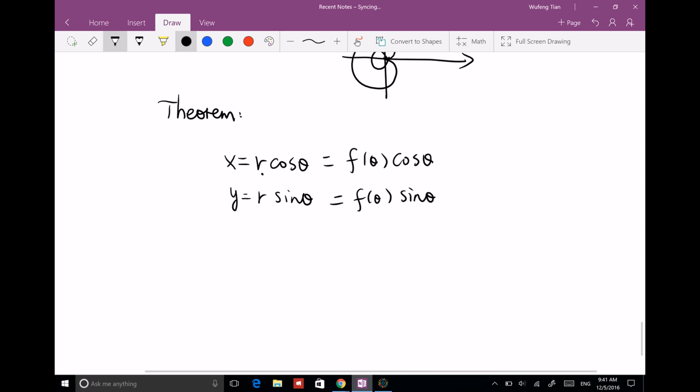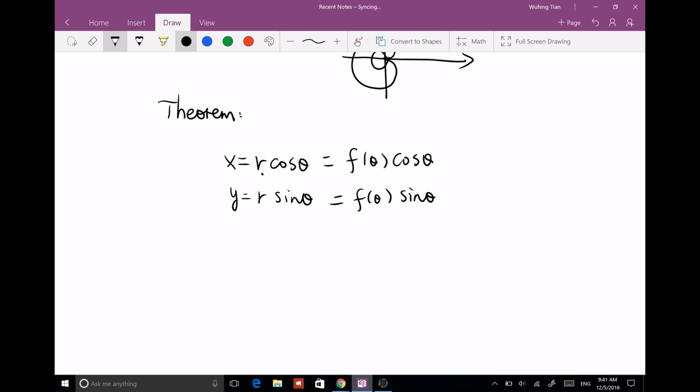In the previous course, we learned that for the parametric equation, x equals f of t, y equals g of t. You know that, right? Previously we used t, and now it's theta. It's a parametric equation. All right.